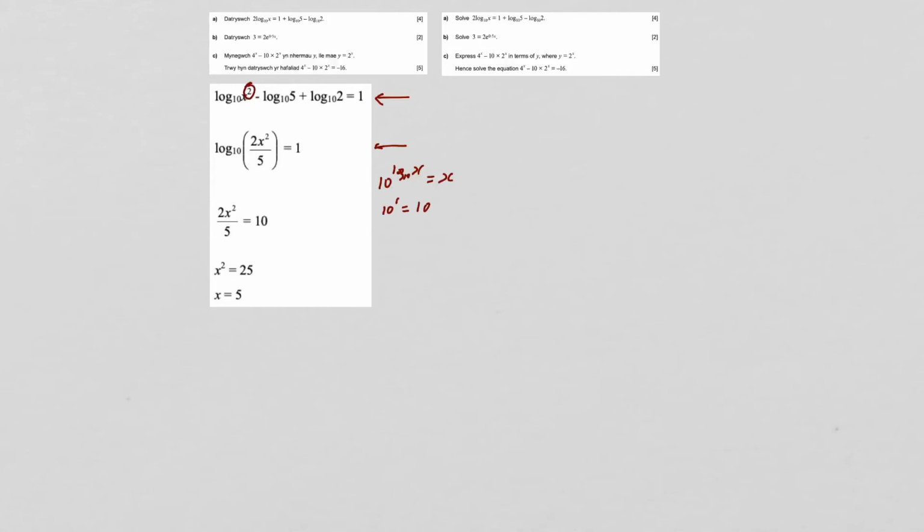This is a good point to mention the fact that we do at this point get the minus 5 as a possible solution, and I talked about this in the solution we've just looked at before.